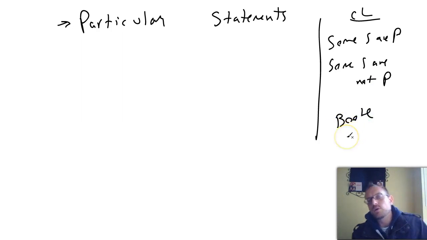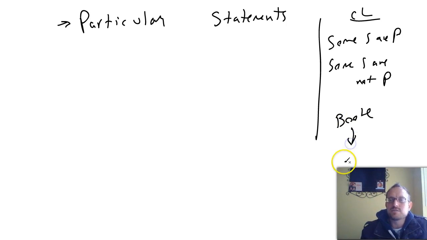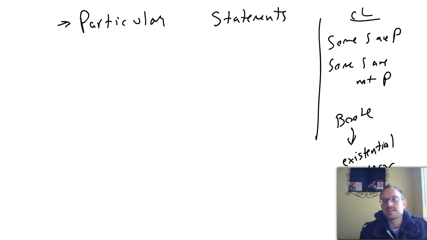This is going back weeks and weeks ago, if you've been watching this for weeks. He thought that universals did not include within them a claim of existence, but the particulars, like these two statements, do include within them a claim of existence.